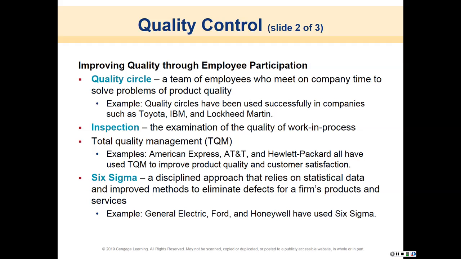And then Six Sigma is kind of the continuation of that with that statistical data to help improve methods and look at the products and services and how to better get rid of defects through the statistical analysis. And so that's the quality control and production control that you need to be worried about for operations management.